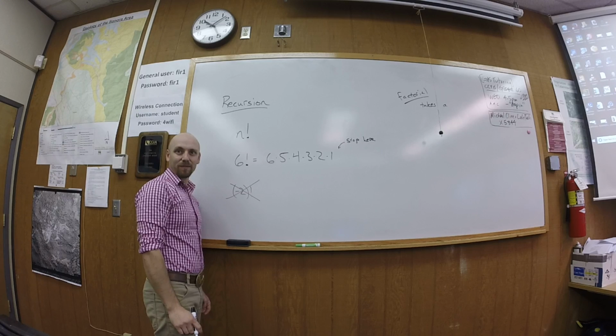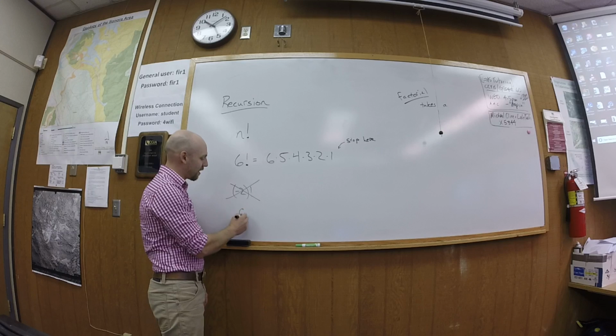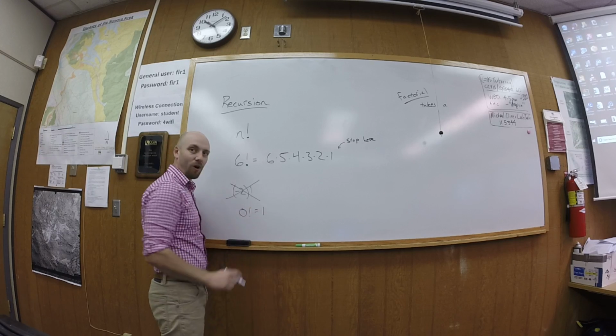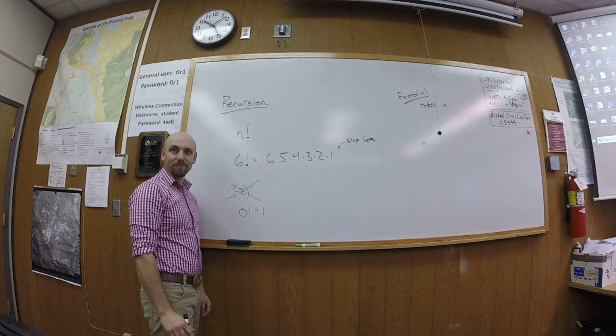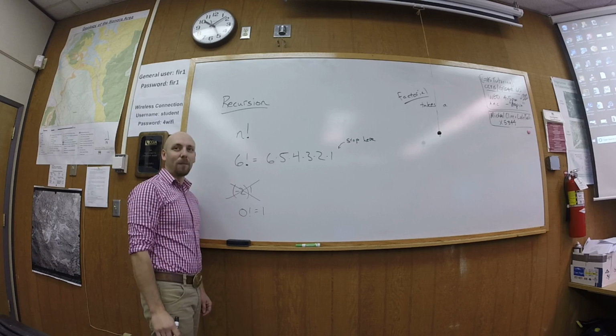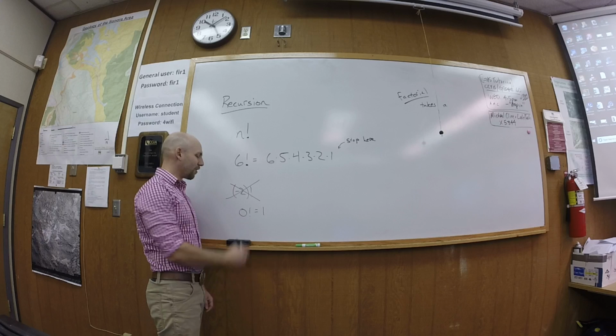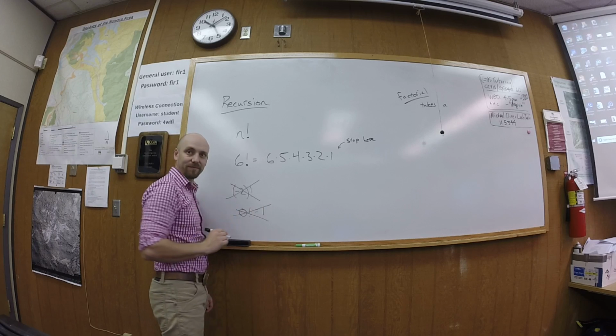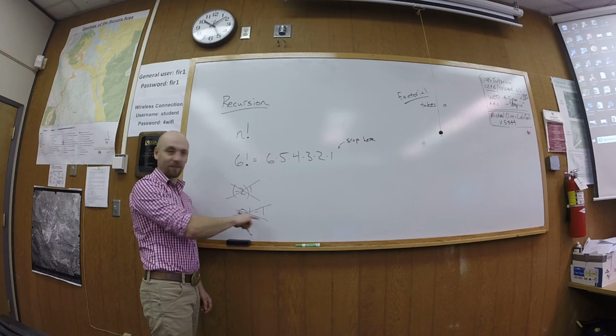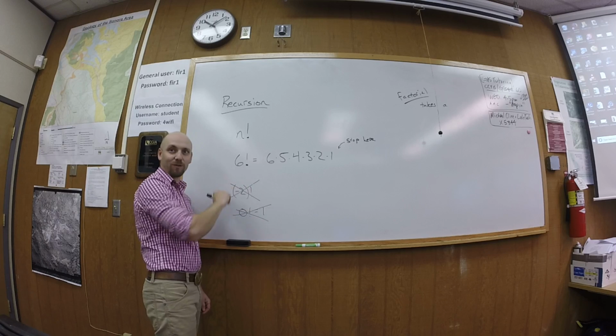So these should be just natural numbers. You could maybe get away with defining 0 factorial as 1. That might be a reasonable definition to make for math reasons. Maybe in math class we'd do that, but in this class, we probably wouldn't do this.